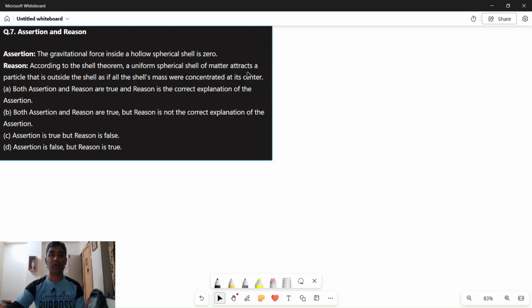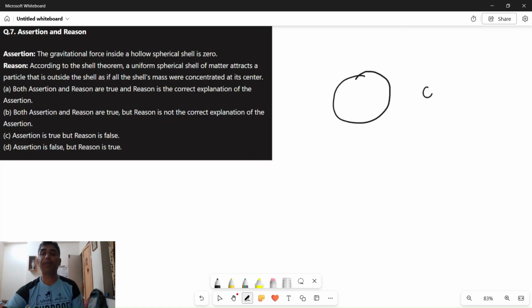This is also true. So if we have a spherical mass, and if you want to calculate the force on this particle, then it will be GMm upon r square.